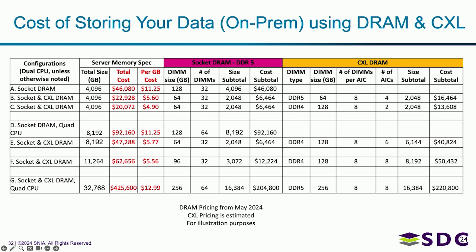Another question. Should you include the cost per slot within the server? Like most servers, slots are valuable. So the question was, should we include the cost per slot? Yes. We don't include the system price in here, but potentially you could add the system price and do that calculation of dollar per slot, that type of stuff.